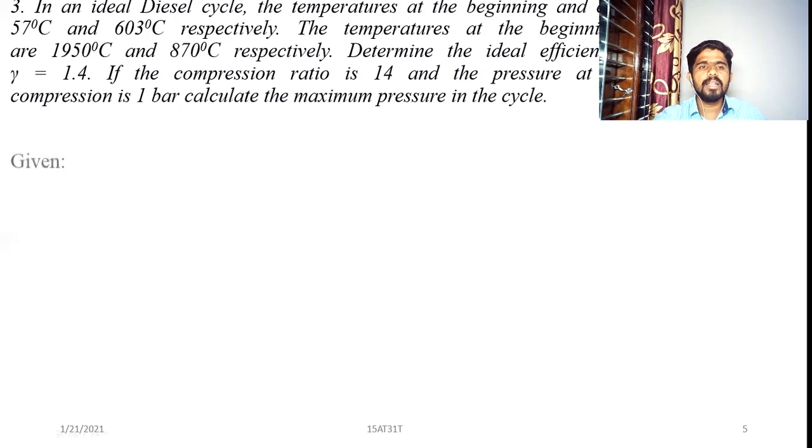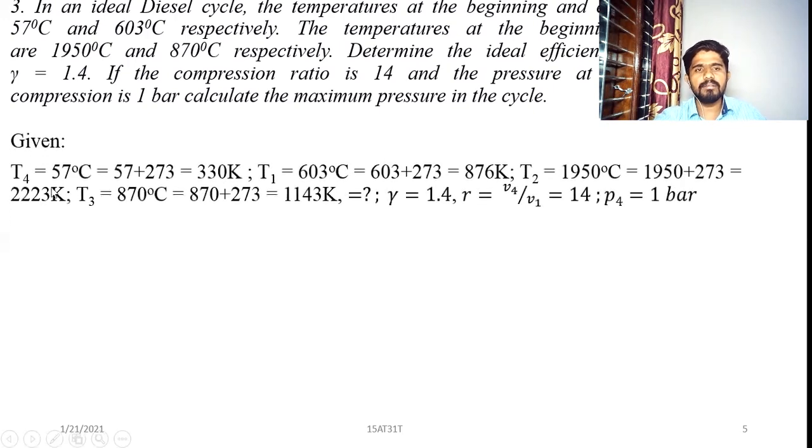Fine. Now write down the given data. First he has given T4, the temperature at the beginning of compression. T4 is equal to 57 degrees centigrade, that is equal to 57 plus 273, that is 330 Kelvin. Next one is T1, after the end of the compression, 603 degrees centigrade. So that is equal to 876 Kelvin.